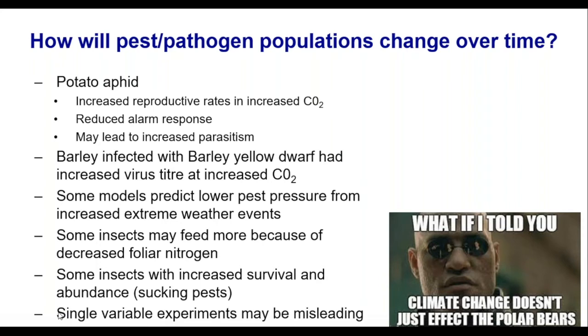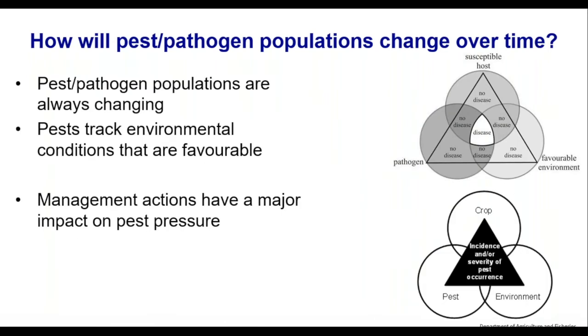The real-world situation may be increased temperature or increased CO2 and various other variables. So, not being able to predict the future as such, it's difficult to say what is actually going to happen.